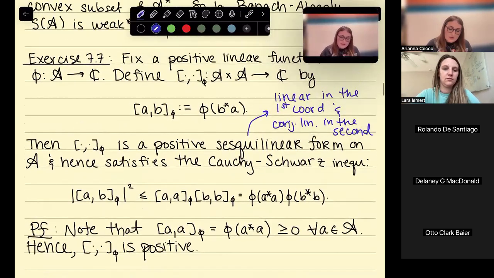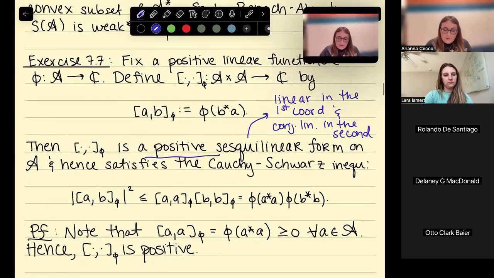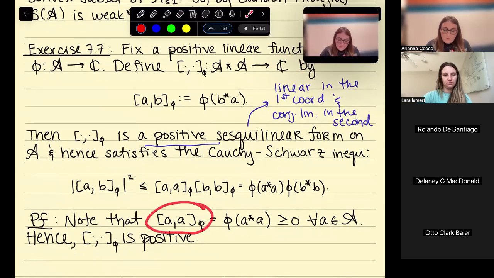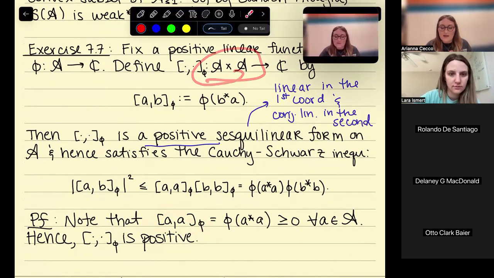First, let's talk about positive. To be positive, we want to send positive elements of A cross A to positive elements in C. But actually, this map, no matter what you put in, well, I guess maybe I should have asked what positive elements necessarily are in here.